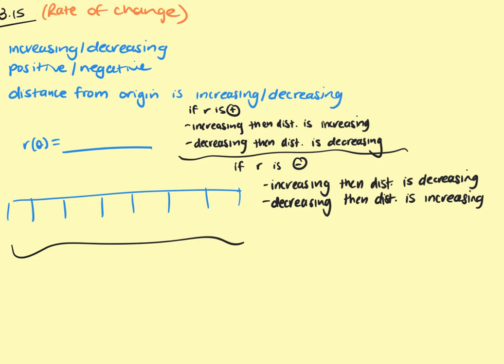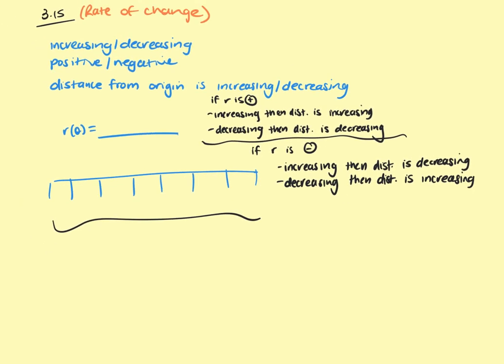Questions on those? All right, and then also in this was max min, your extrema. So you're looking for where your direction changes. If it goes from increasing to decreasing, then there's a max.